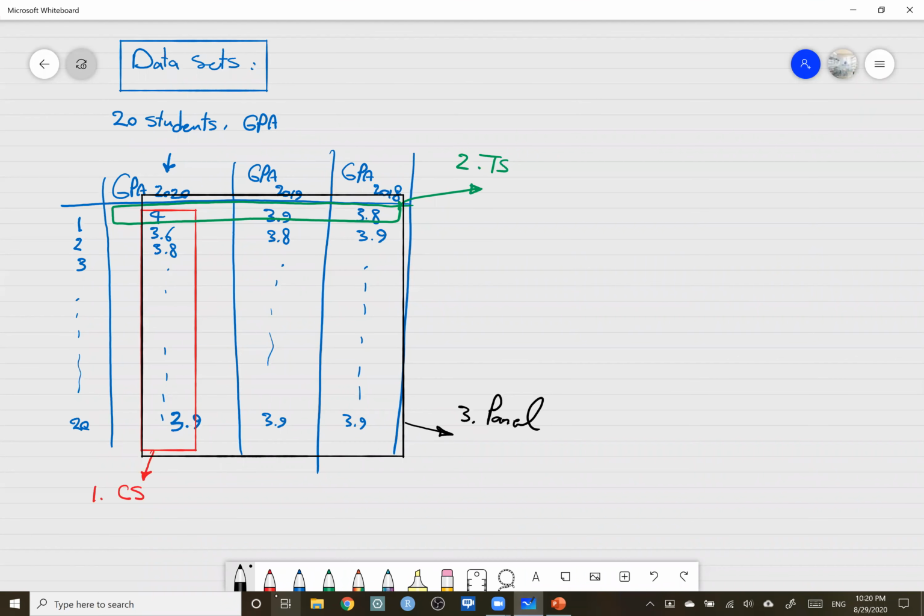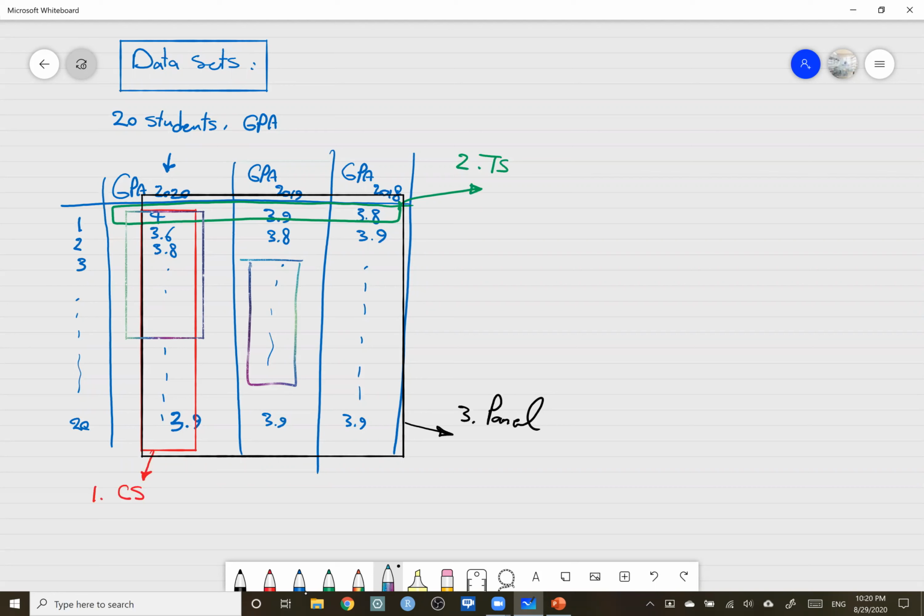Let me use one of these fancier colors. Let's say we are pooling some cross-sections. In 2020, I have data only for the first 10 students. Something like that. For 2019, I have data for these students.